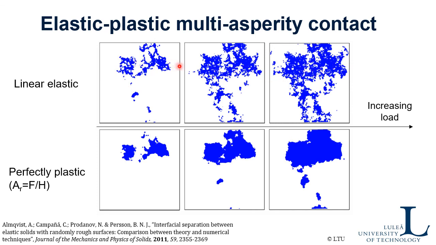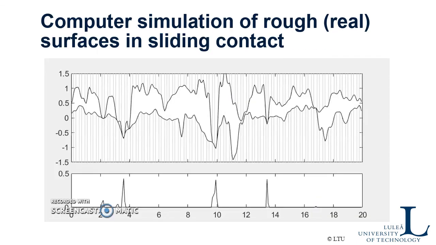So increasing load means that more and more of the surface come into contact with the other surface. Assuming this idea about perfect plasticity, then using that the real area of contact is force divided by H, you get something like this. So it's not exactly the same, but it's a good representation, I would say. So for most purposes, this approximation is useful for engineers.